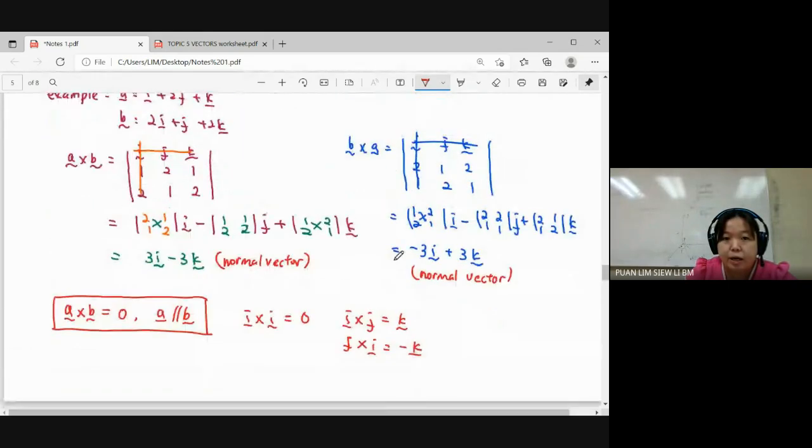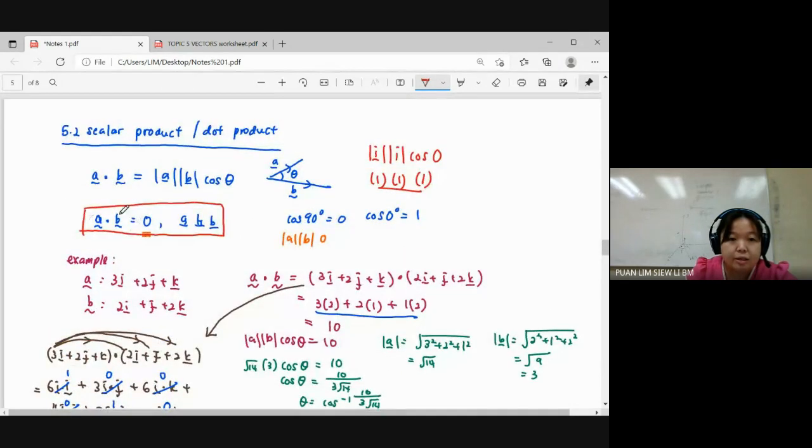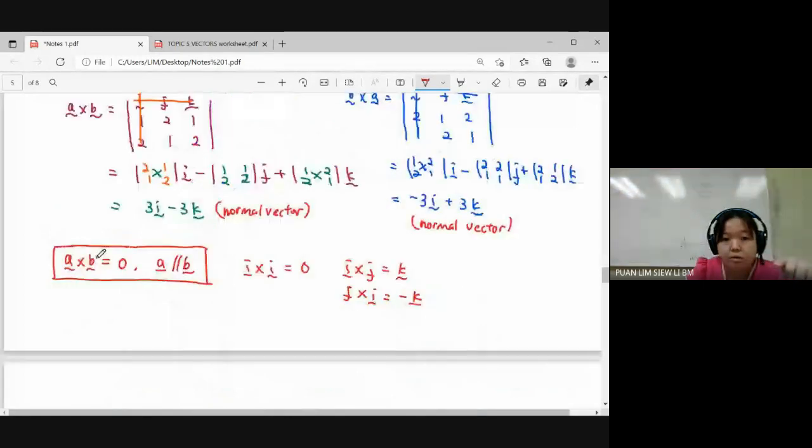The resulting vector is Z, that is vector K. So from here you have to remember this. When A dot B gives 0, A and B are perpendicular. Or in reverse, when A and B are perpendicular, the concept is dot. Alright. So for this, when A cross B is 0, the result is A parallel with B.